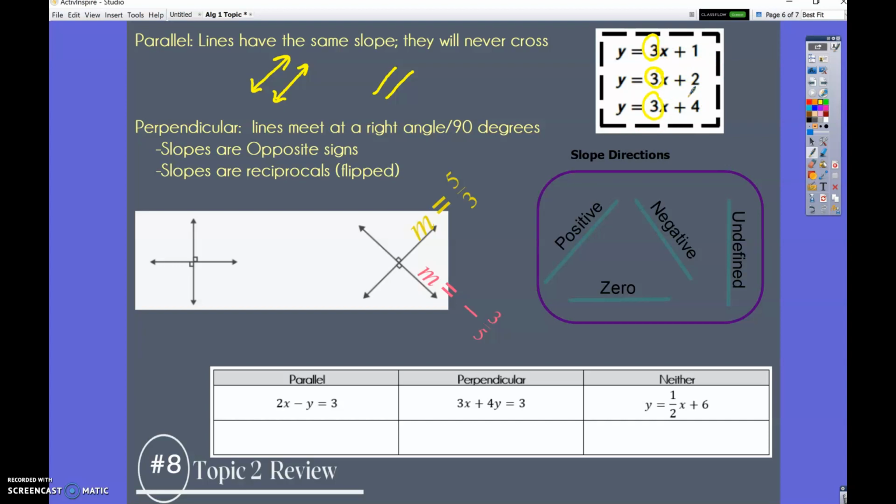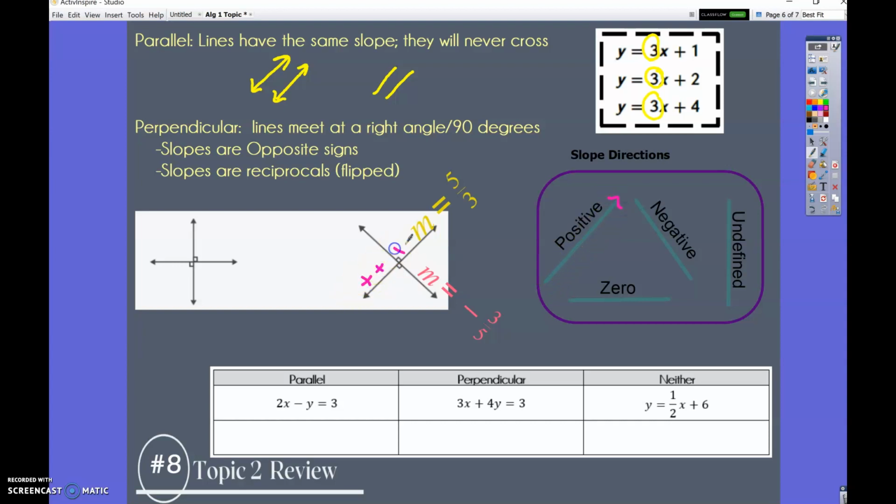Perpendicular lines, on the other hand, do cross, but they cross at 90 degrees, or a right angle. It's important to see here in our diagram that when lines are perpendicular, it could be like a vertical and horizontal line, such as your x and y axis when you graph, but they can also be slanted a little. We will note that this line going up to the right, again, we remember that's a positive slope.